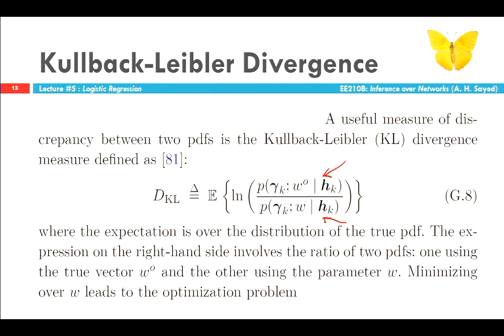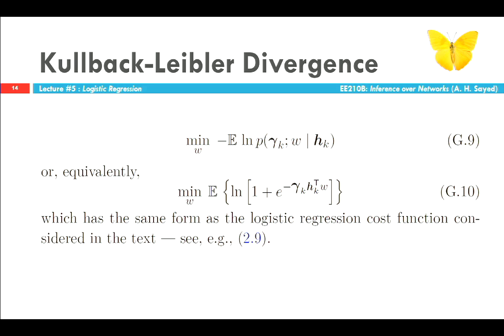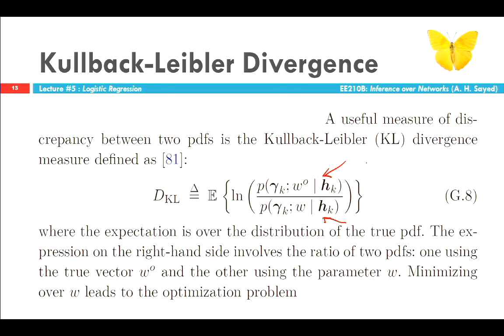the numerator does not interfere, because it doesn't depend on omega. I can write this as the expected value of the log of the numerator minus the expected value of the log of the denominator. The numerator doesn't depend on omega, so I'm left with minimizing the other term over omega.